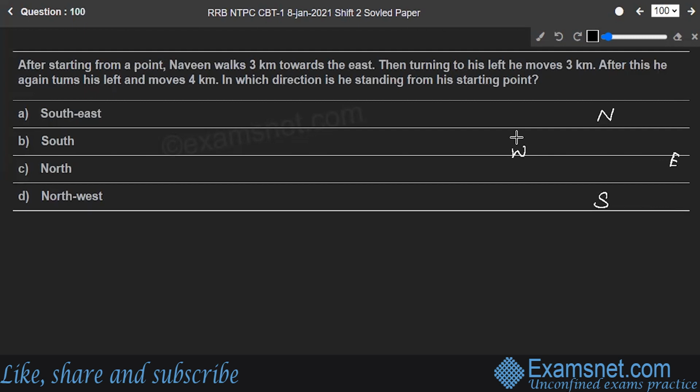Now it is said, after starting from a point, Naveen walks 3 kilometers towards the east. So let this be the starting point A. So Naveen walks 3 kilometers to the east and he reaches the point B. Then turning to his left, he moves 3 kilometers again.